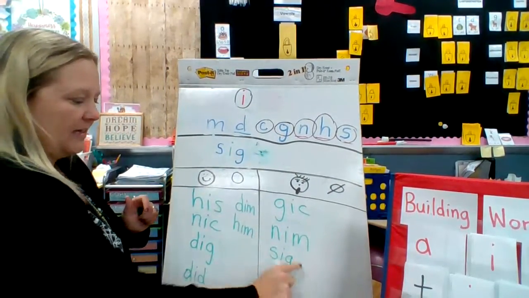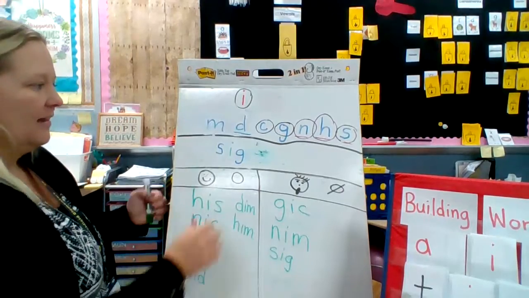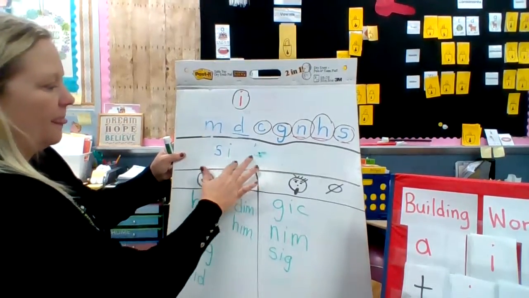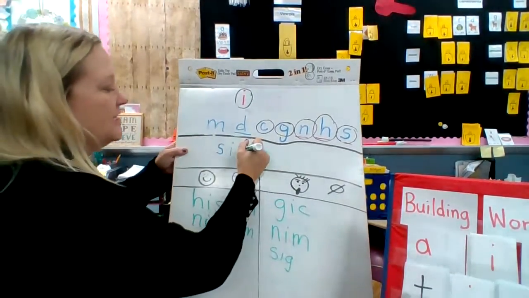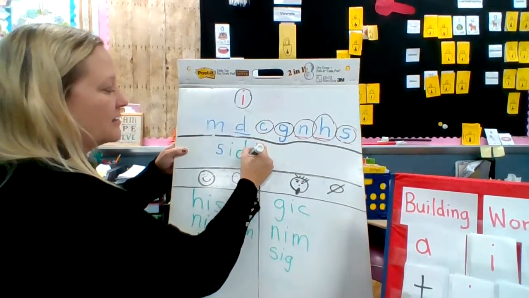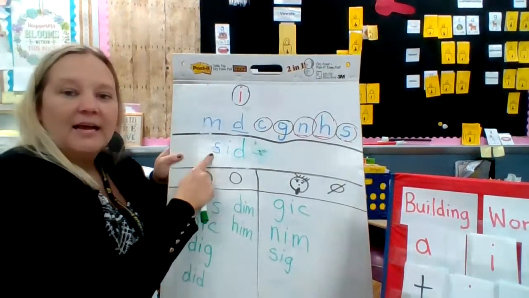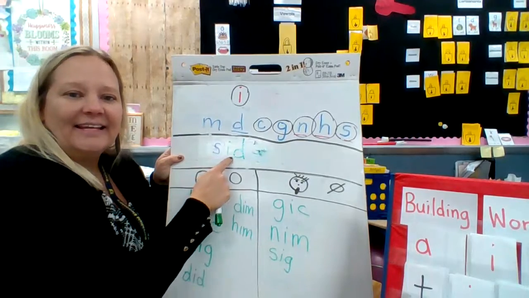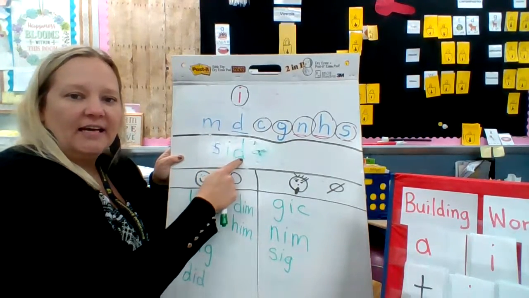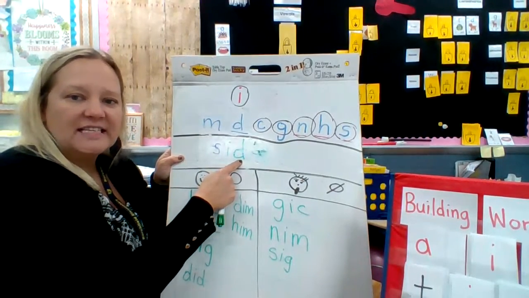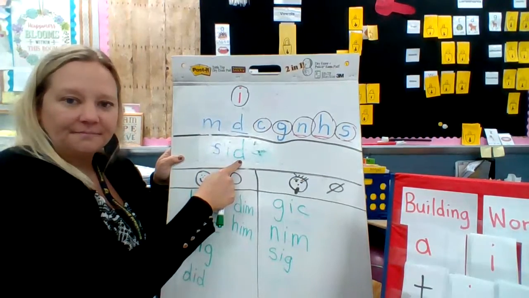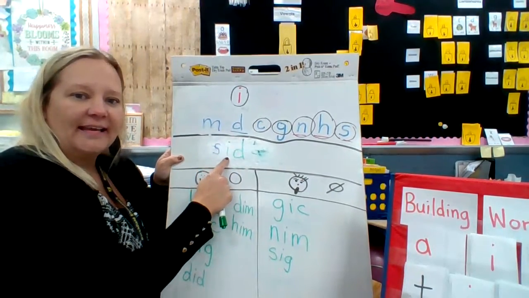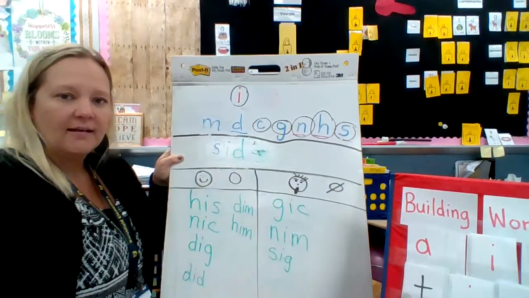Sig, sig. All right, let's change it, and let's put a d at the end. Everyone ready? Id. So it doesn't say g at the end anymore. Now it says d. Here we go. Id. Let's chop it.